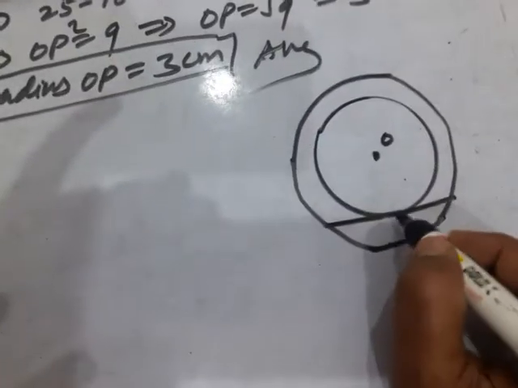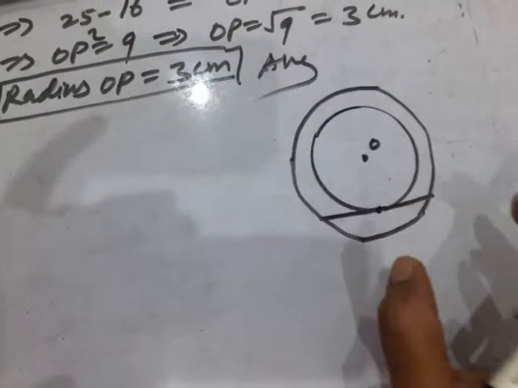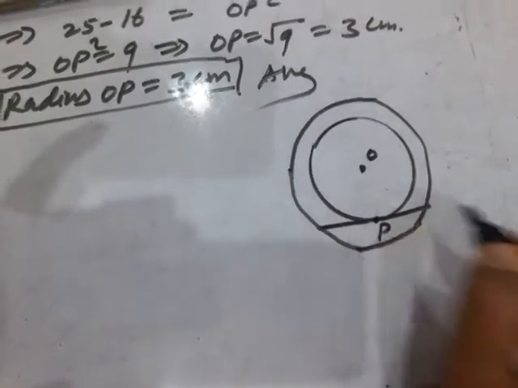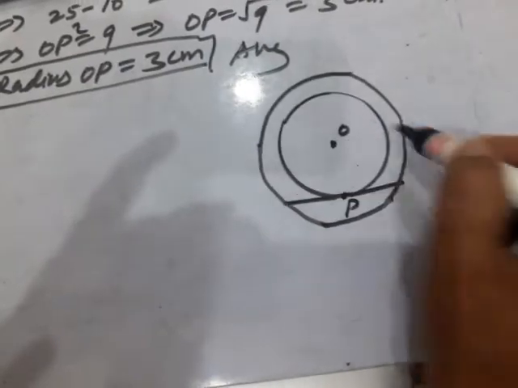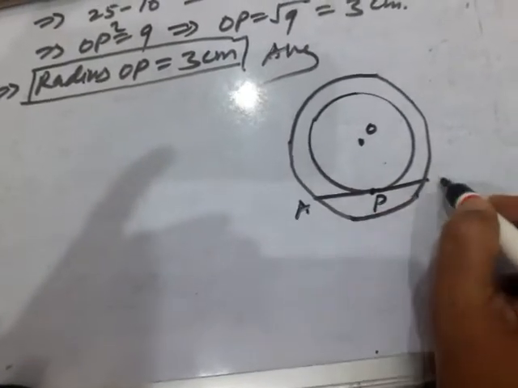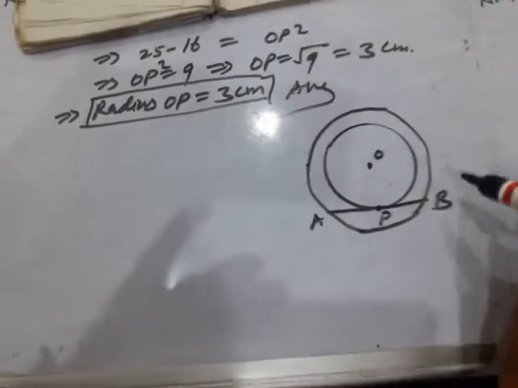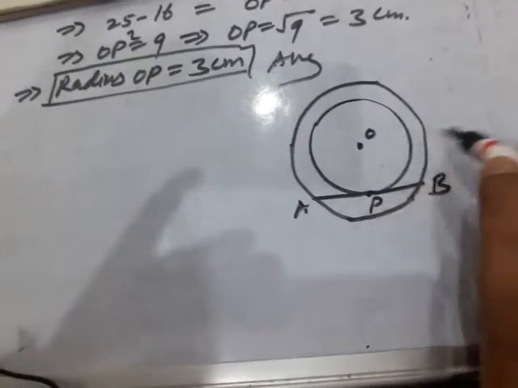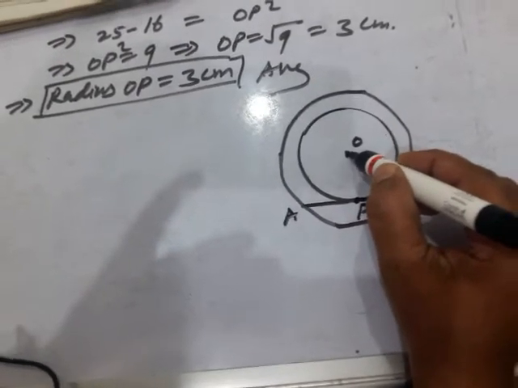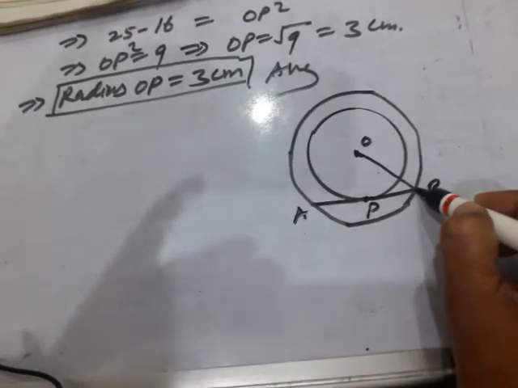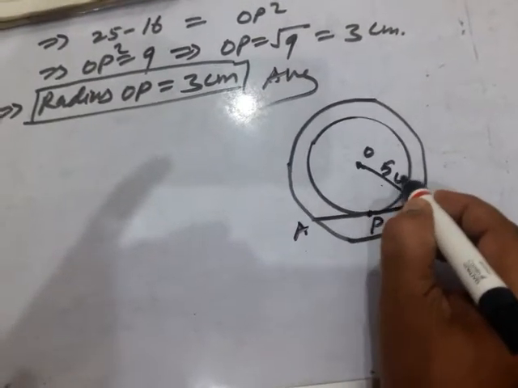Let the point of contact of the smaller circle and the chord of the bigger circle be P. Then according to the question, let AB be the chord of the bigger circle. And this distance, that is OB, is the radius of the bigger circle, and that is given to be 5 centimeter.